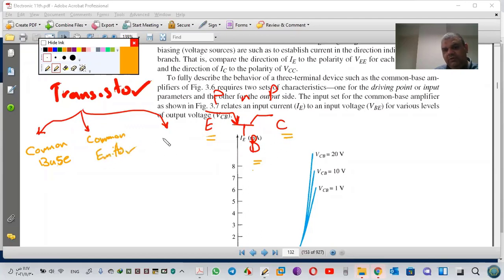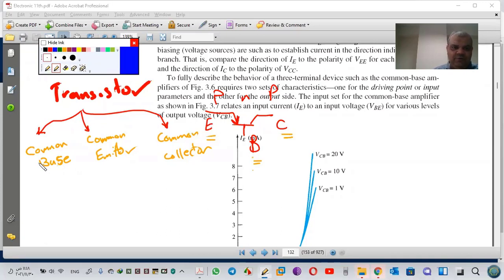If I connect the collector to the ground, it has a name, common collector. Usually we have to connect either E or B or C to the ground because we have two power supplies, so we need one as a ground.